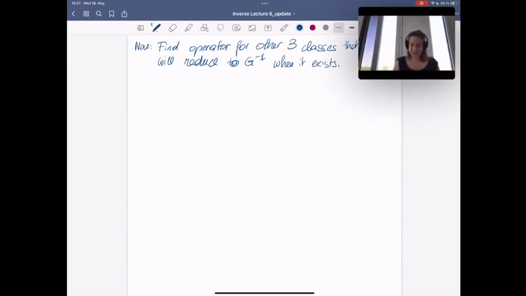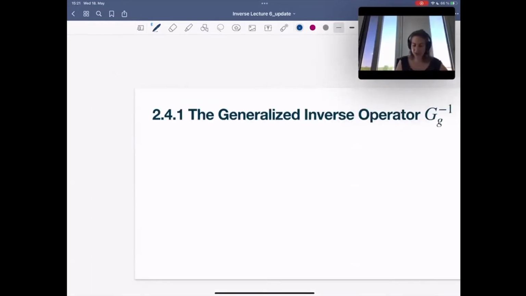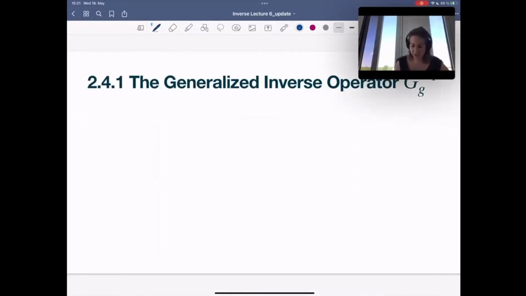And this exactly leads us to the generalized inverse operator, which we term here G to the power of -1. And this is actually exactly the so-called pseudo-inverse or Moore-Penrose inverse, which you might have already heard of.